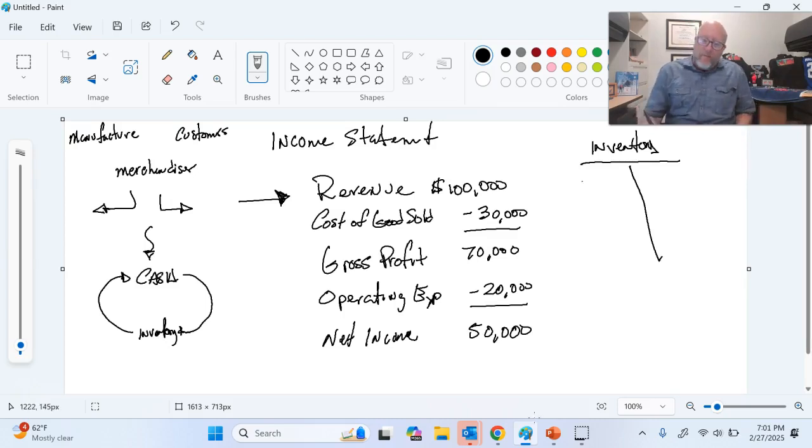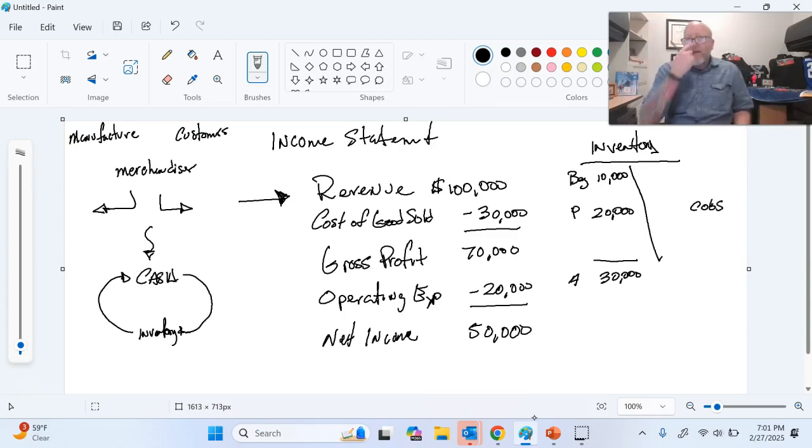I am going to have a beginning balance in my inventory. And again, I could just make this up. I could say I have $10,000. And then during the period, I'll purchase more hoodies, right? And so I could add inventory to my account, and therefore I would have $30,000 available to sell.